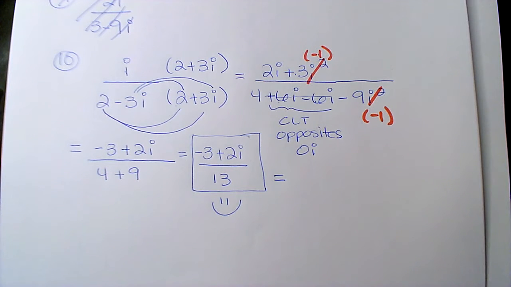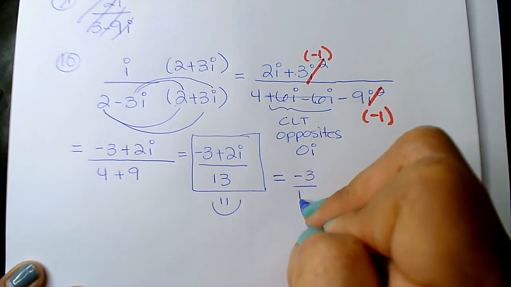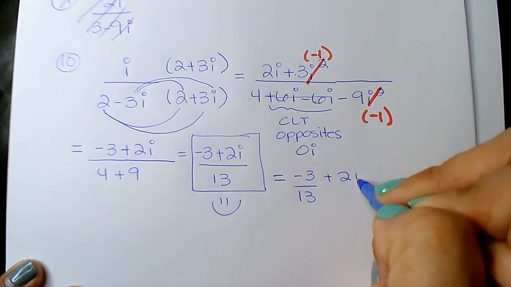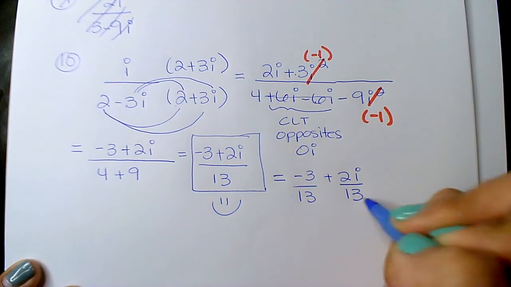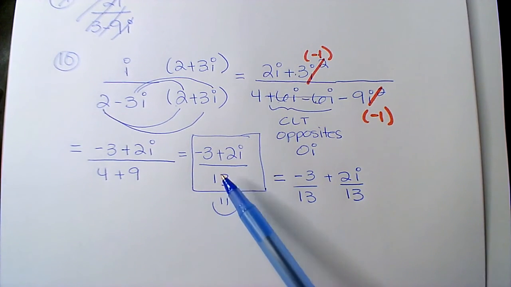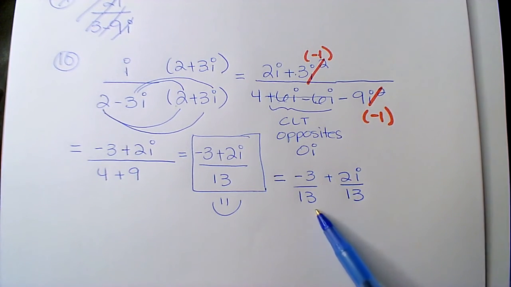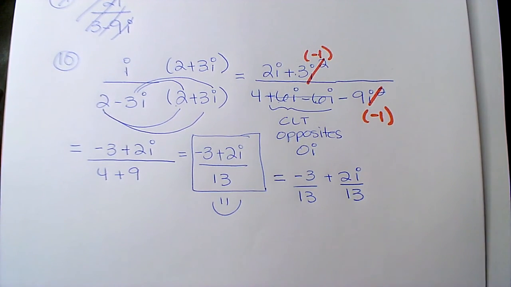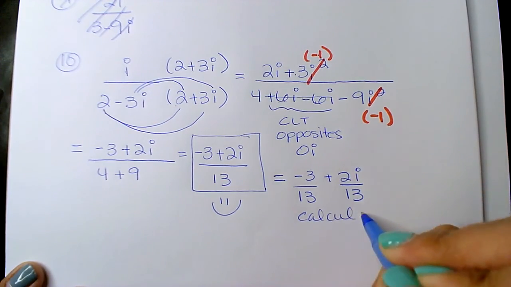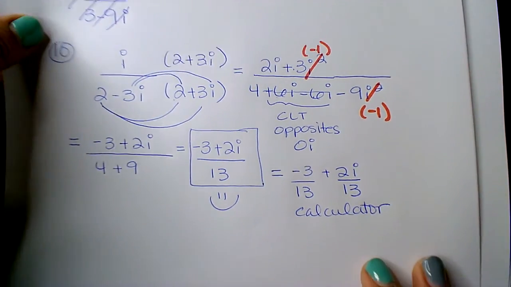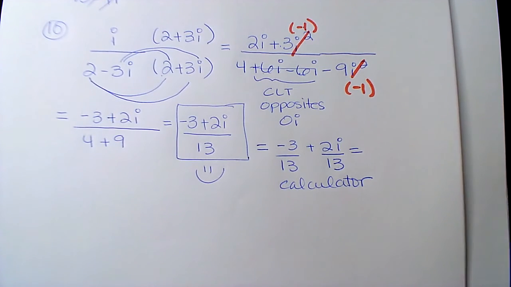So if you decided to split your real and your imaginary parts, all I did was take the denominator, put it with the real, put it with the imaginary as two separate parts. Now get a calculator. Remember, as you move up in your math classes, your numbers are no longer integers, positive and negative. They're going to become more decimals, fractions.